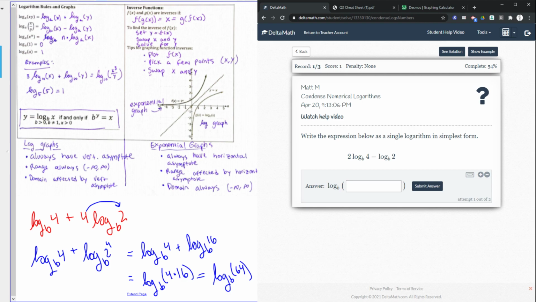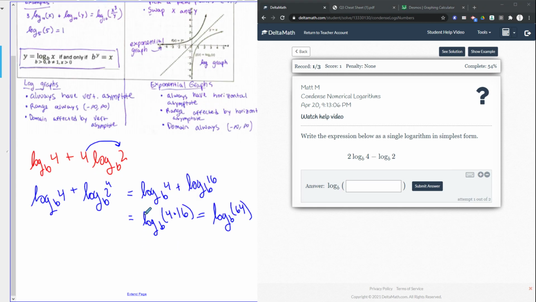Okay. 2 log base b of 4 minus log base b of 2. Okay, so I have that 2 outside. It's going to come in as an exponent. And if it helps you to write parentheses around the part that's actually inside the logarithm, you can do that.